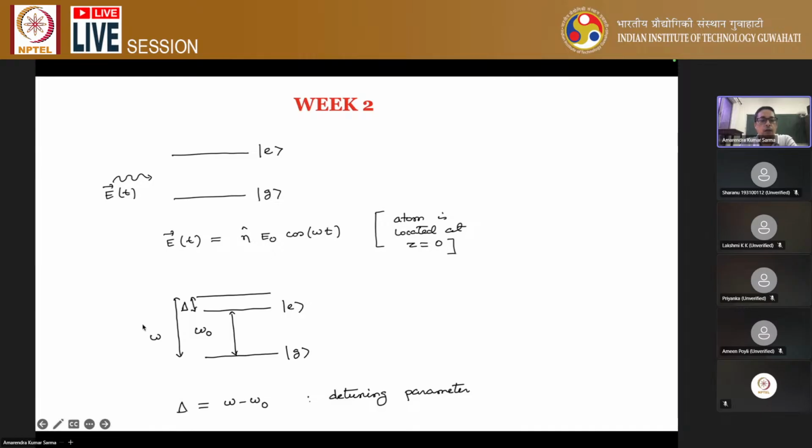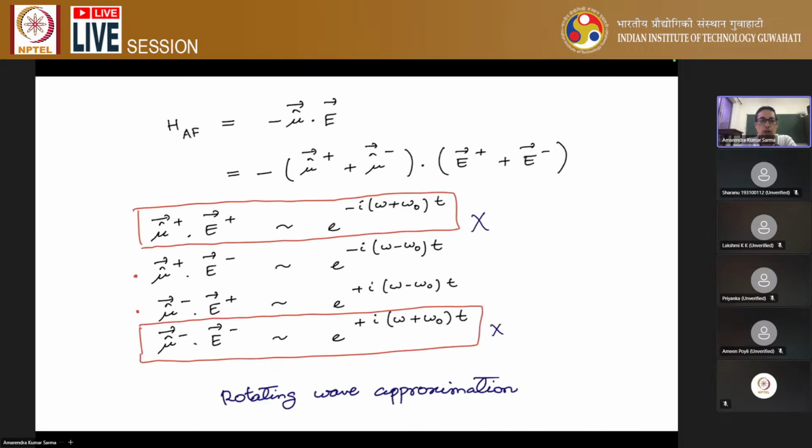It's not necessary that the frequency of the laser radiation exactly matches the energy difference between the two energy levels. There we saw that this can be slightly detuned, and this detuning parameter is of quite significance, which we also learn later on. By manipulating this detuning parameter we can achieve a lot of applications.